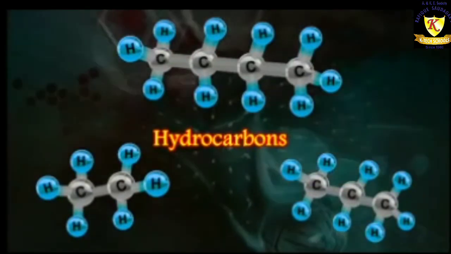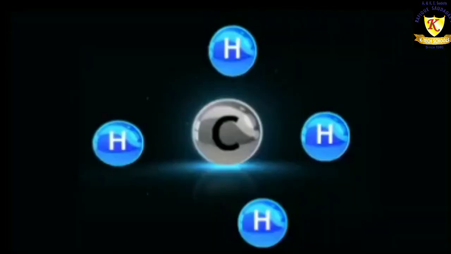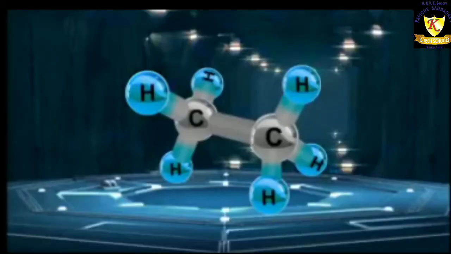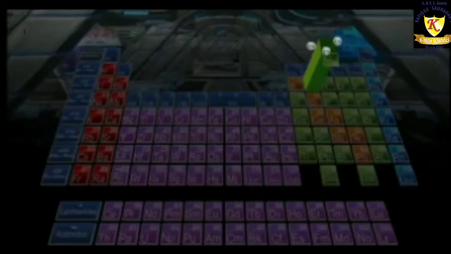These are the simplest and fundamental organic compounds. The smallest hydrocarbon is methane, formed by a combination of one carbon atom and four hydrogen atoms. We have already seen the structure of methane. Ethane is one more hydrocarbon. Its molecular formula is C2H6.